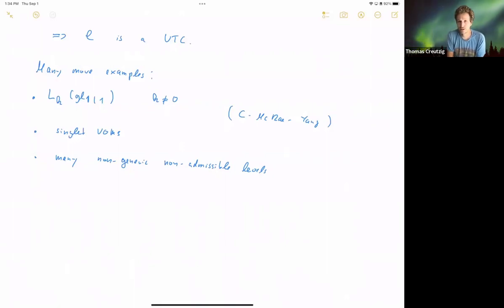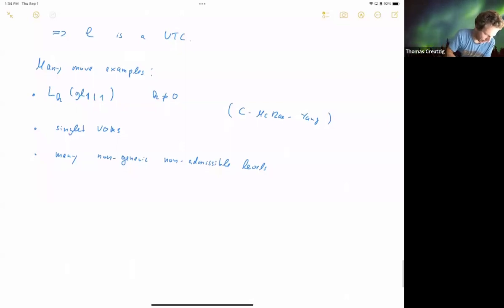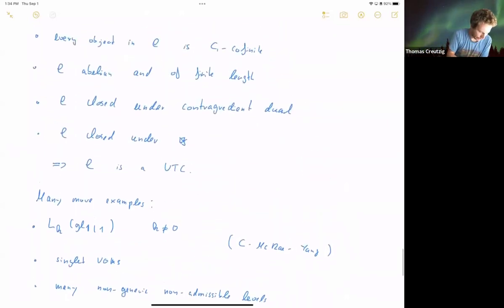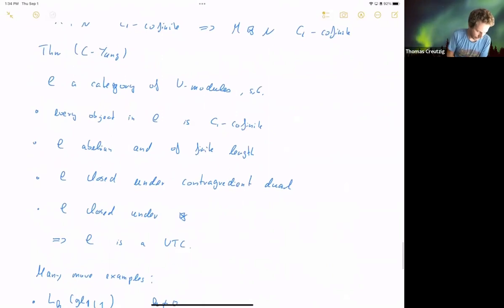And the most challenging is actually non-generic but non-admissible, because understanding the abelian categories of modules for the affine VOAs is almost nowhere done, just because one is lacking technology. What I want to say is you should keep this in mind: if you are interested in establishing a tensor category, then you should look for a category of C1-cofinite modules.